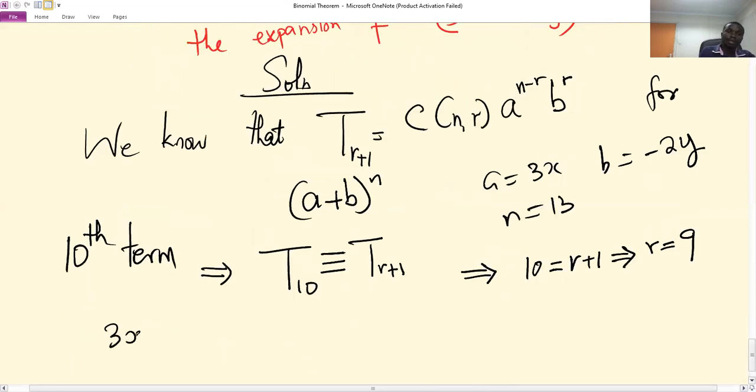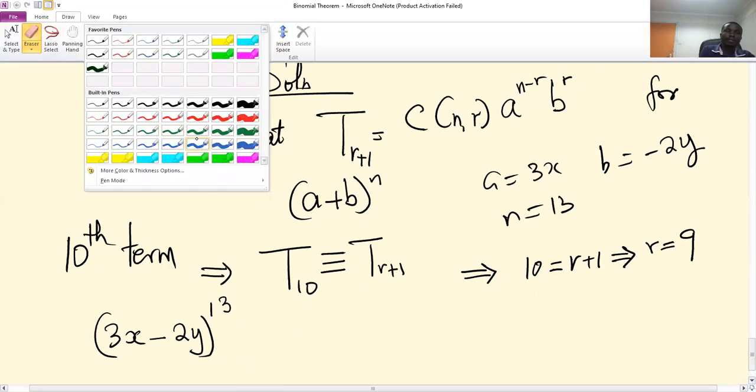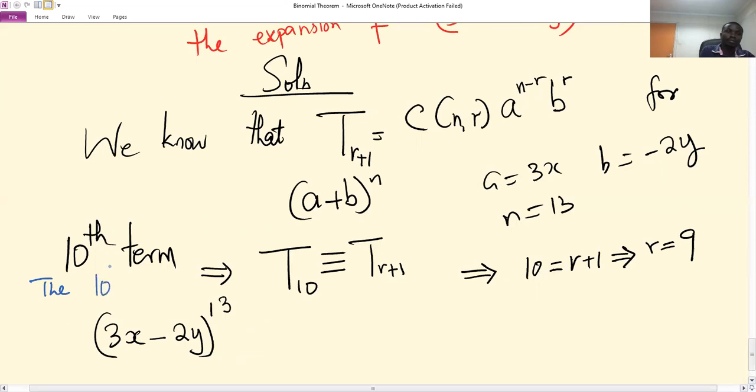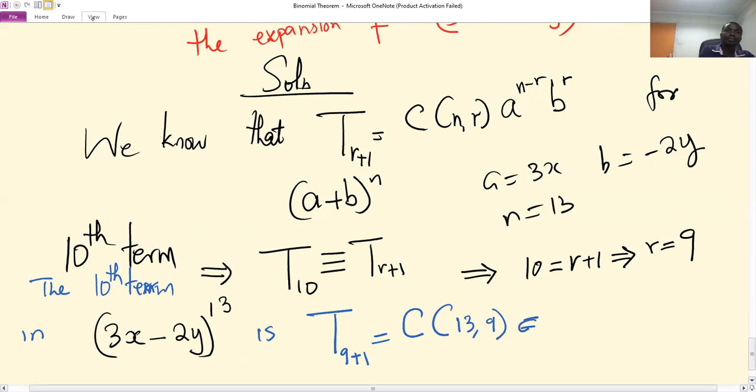So T_(9+1) is C(13, 9) times our first value 3x raised to the power 13 minus 9, and then minus 2y raised to the power 9.